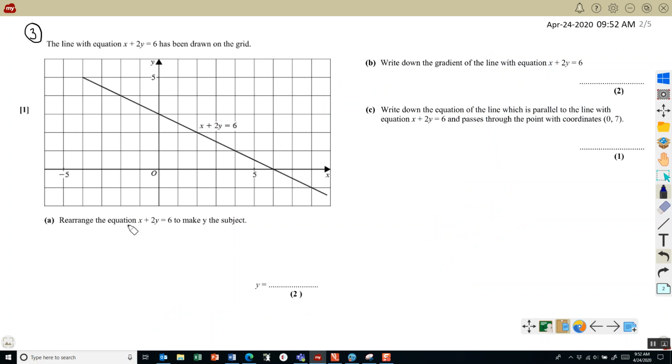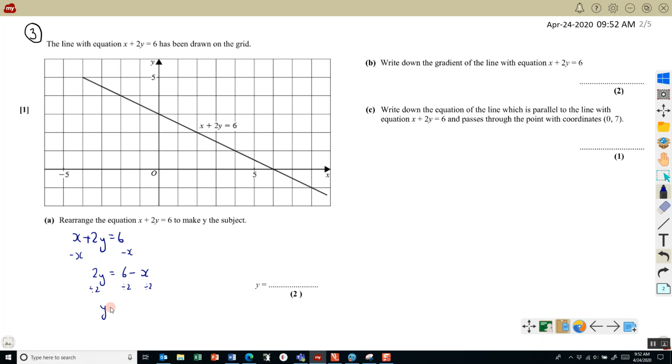Here we've got x plus 2y equals 6. I need to rearrange it. I want it so it's y equals, so I need to subtract x from both sides. So now I've got 2y equals 6 minus x, and now I need to divide everything by 2.